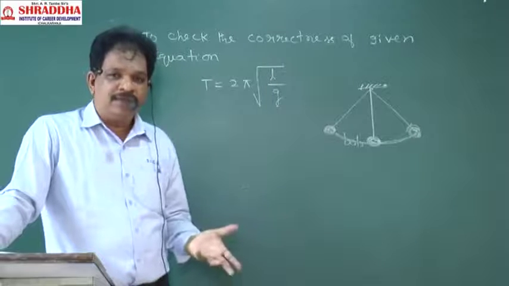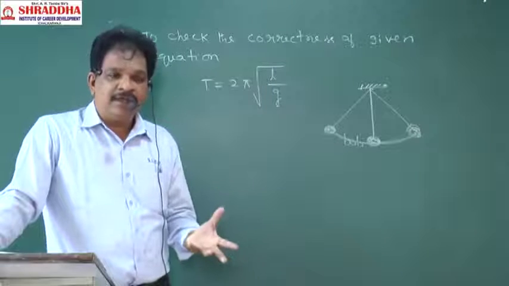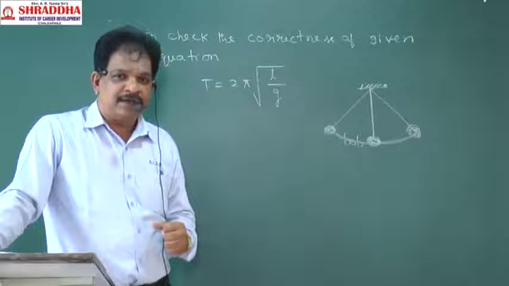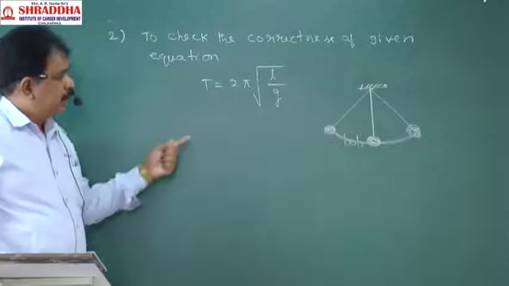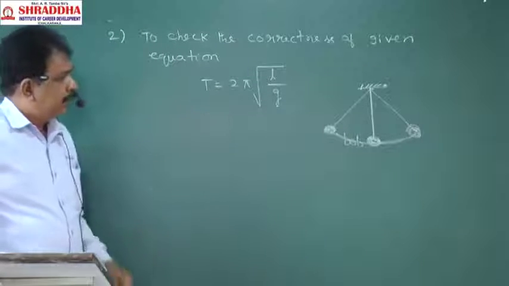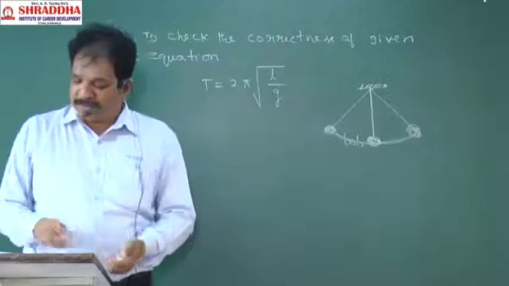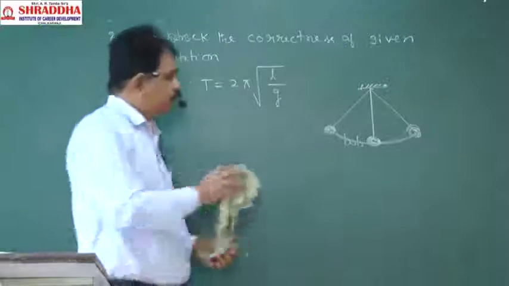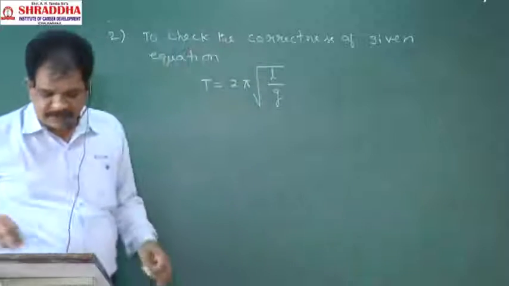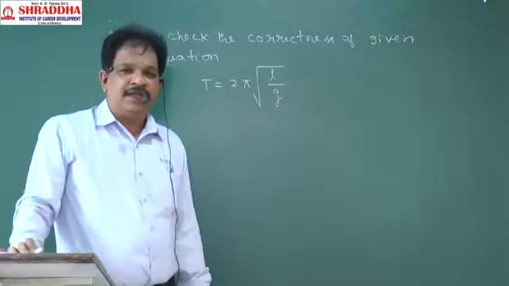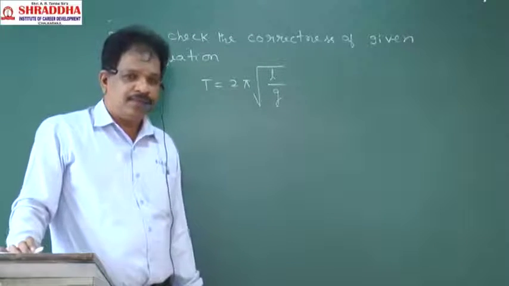One equation is given, and whether it is correct or not, we can identify by using dimensional analysis. So, to check the correctness of the given equation, dimensional analysis will be helpful.